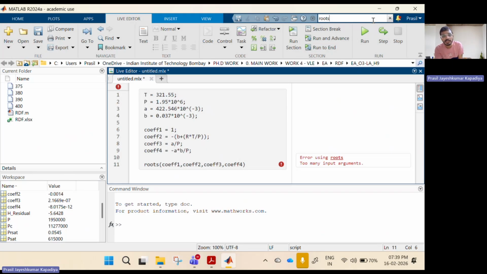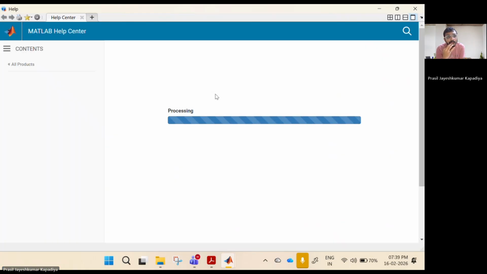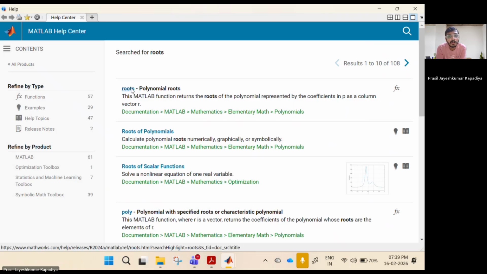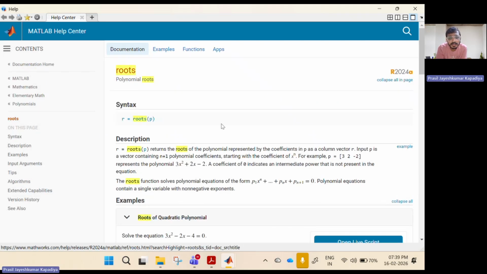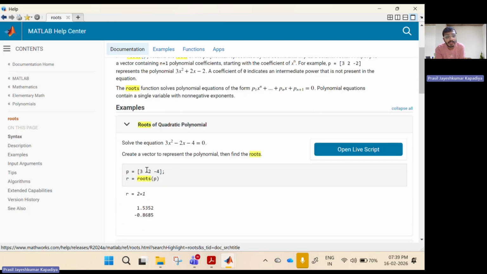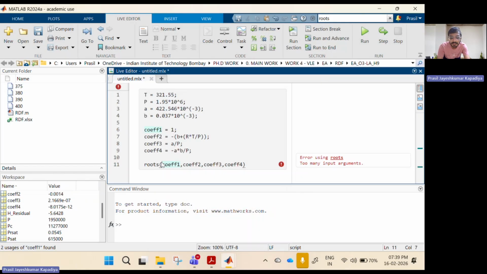There is one MATLAB function known as roots, for roots of any polynomial equation. So I just need to write it down.